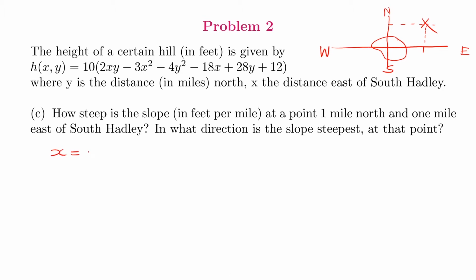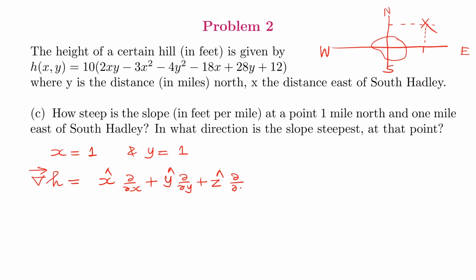Given that x equal to 1 and y equal to 1. Therefore, gradient of h equal to x hat dou by dou x plus y hat dou by dou y plus z hat dou by dou z, and this function is 10 (2xy minus 3x square minus 4y square minus 18x plus 28y plus 12).